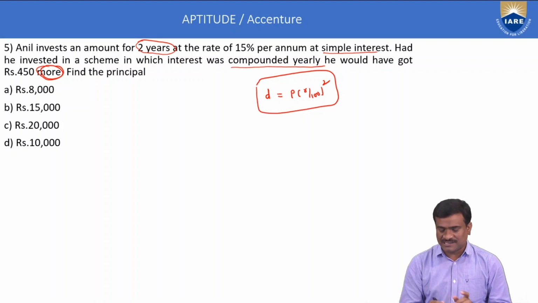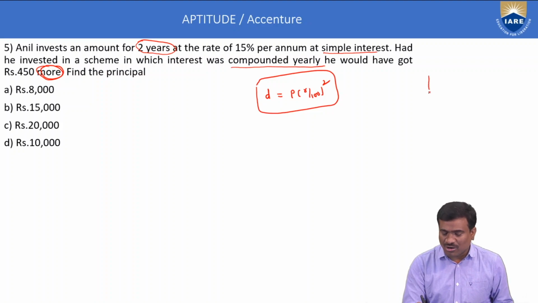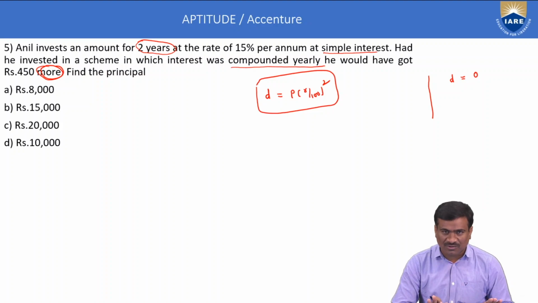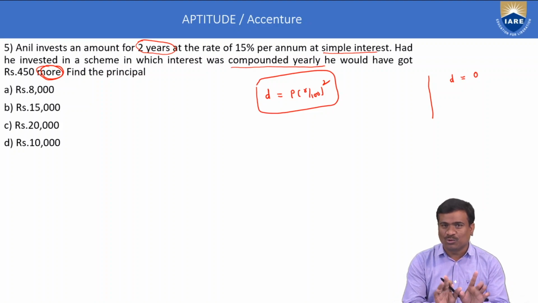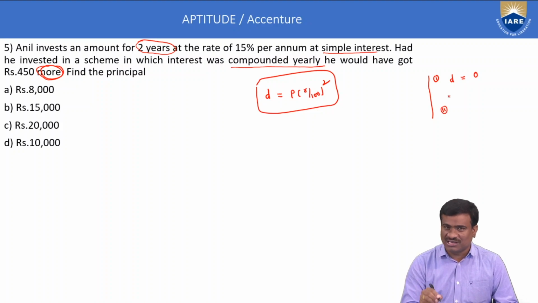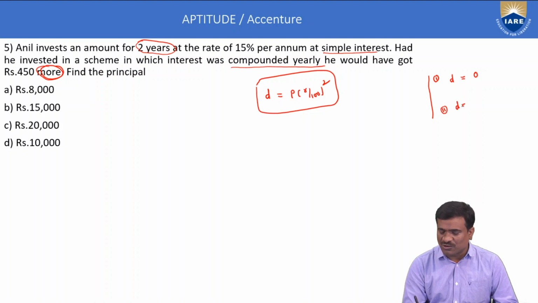Second point, the difference between compound interest and simple interest for 1 year is zero, since up to 1 year the rate of interest is the same when compounded yearly. Next, the difference for 3 years, D equals P into R square into (300 plus R) by 100 cube.